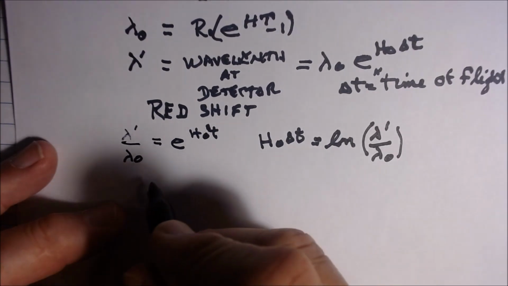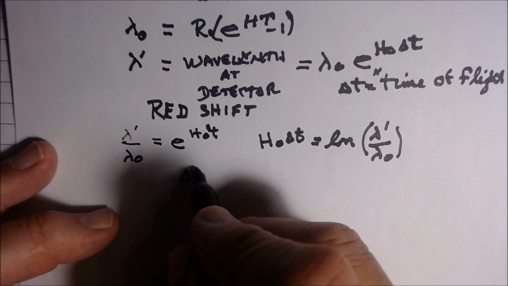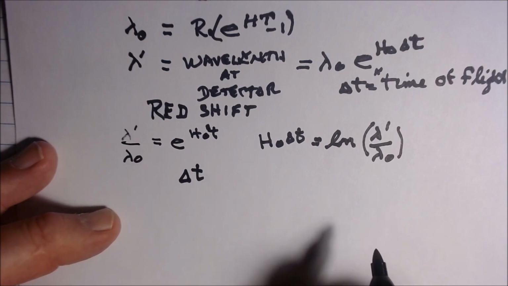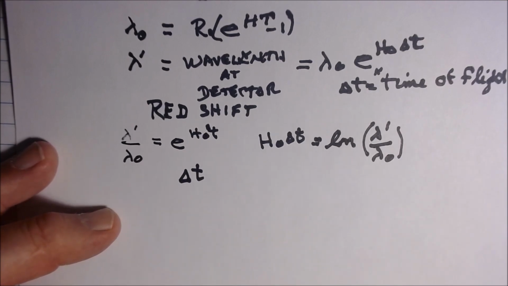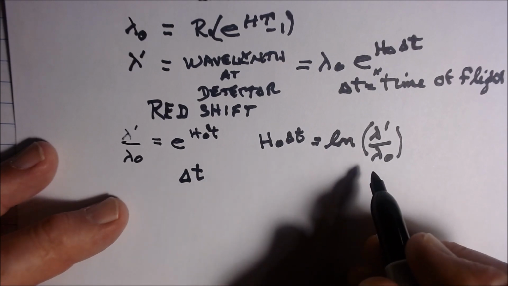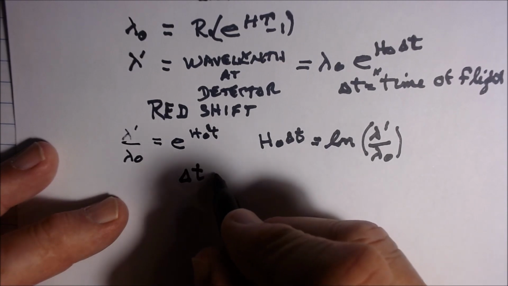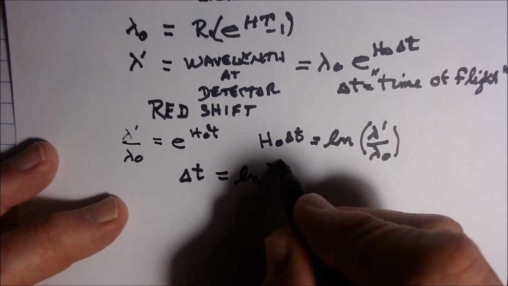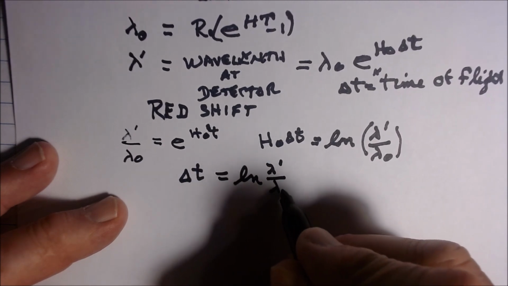From that, you come out with delta t, and that is the time that this light is propagating through space between the galaxy and ourselves. Delta t is equal to the log of lambda prime over lambda 0, divided by h0.